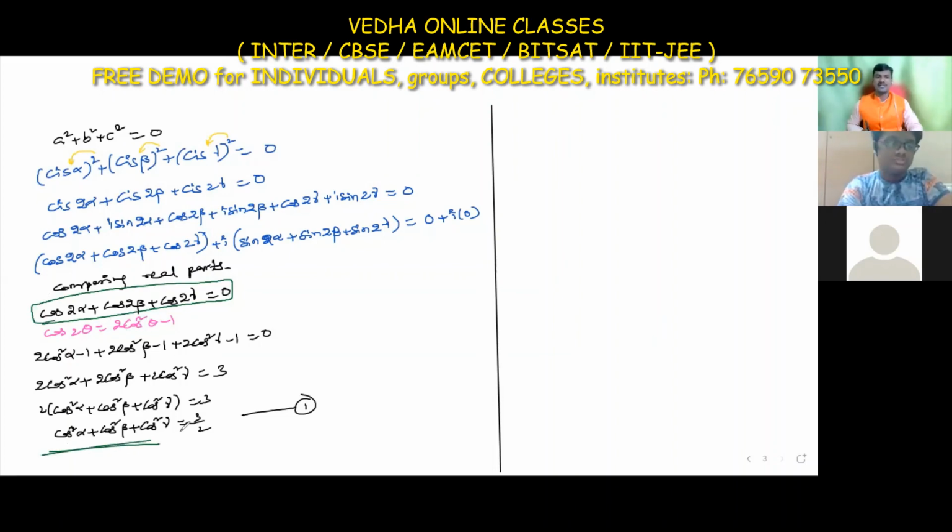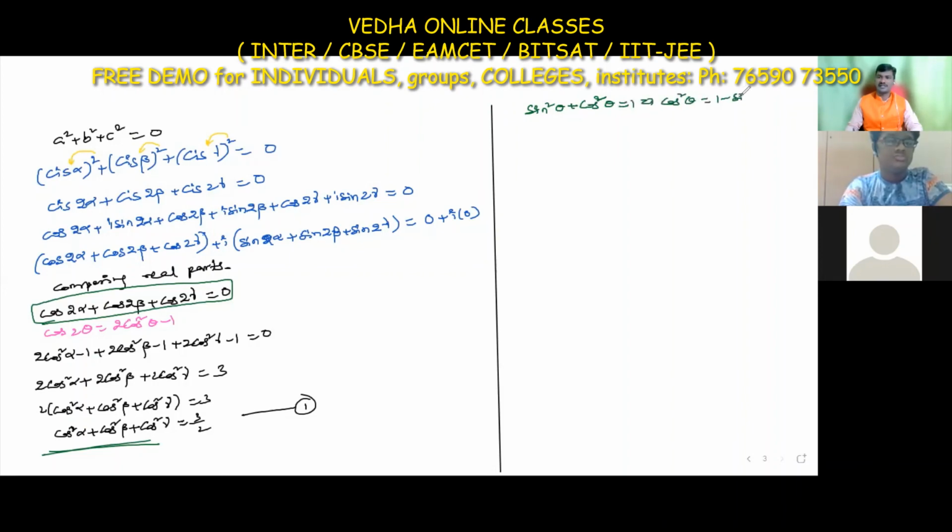Otherwise, here we apply the identity: sine square theta plus cos square theta is equal to 1.